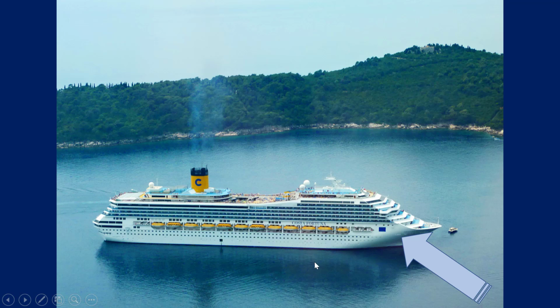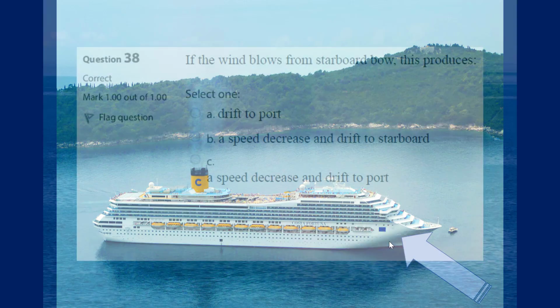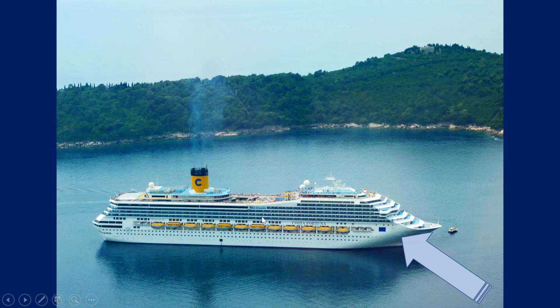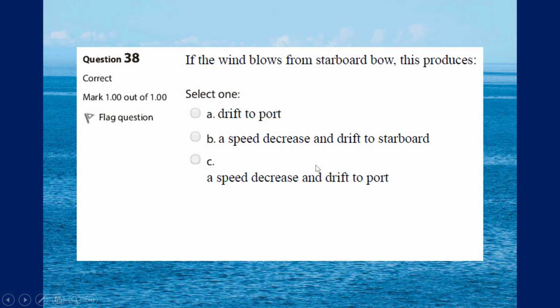In this case, the wind is blowing from the starboard bow. So B is not correct. C, a speed decrease, which is correct, and drift to port side. So the speed will decrease and it will blow it to the port side. So our correct answer to this question is C.